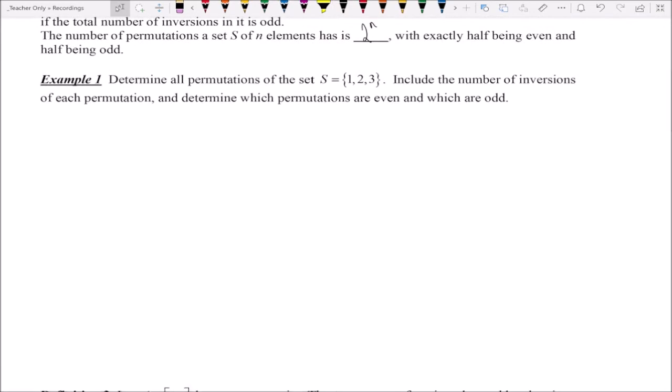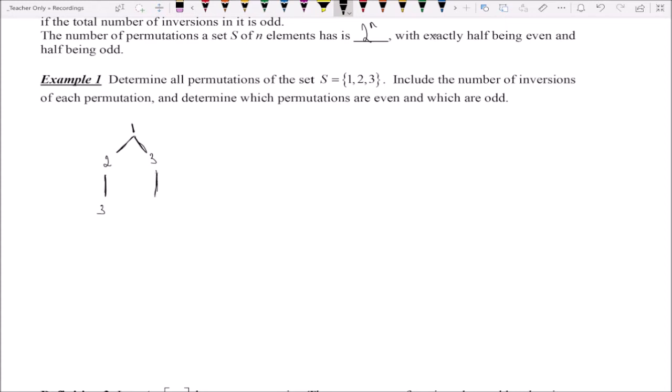So we have the set 1, 2, 3. We want to determine all permutations and include the number of inversions of each permutation, determining which are even and which are odd. So a simple way that I like to do this is start with the first element in the set and then draw a tree. All right, so from 1, we can then have 2, or we can have 3. Then from 2, we only have one option left, 3.